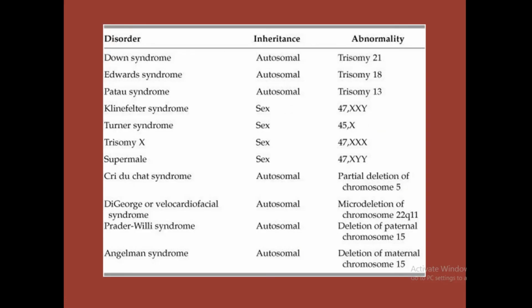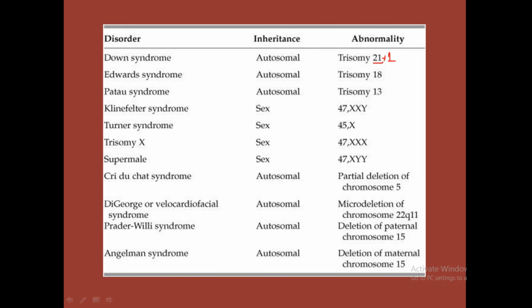So now let's see what the effects of this are. Down syndrome is caused by trisomy of chromosome 21, that is, in chromosome number 21 there is 21 plus 1. So there is trisomy.